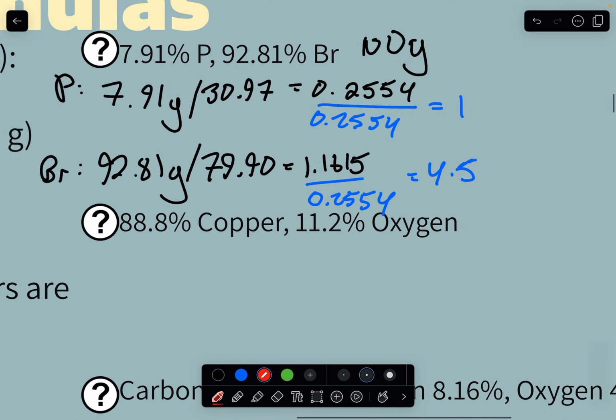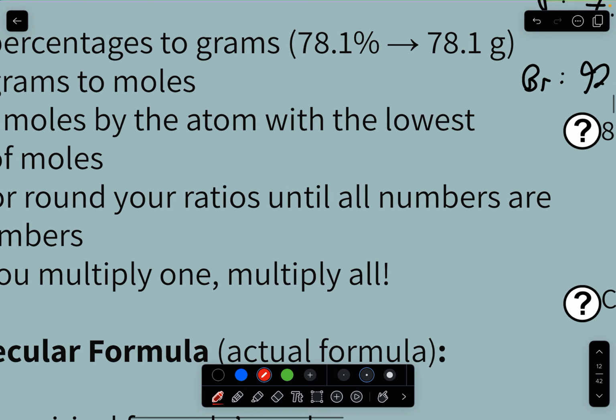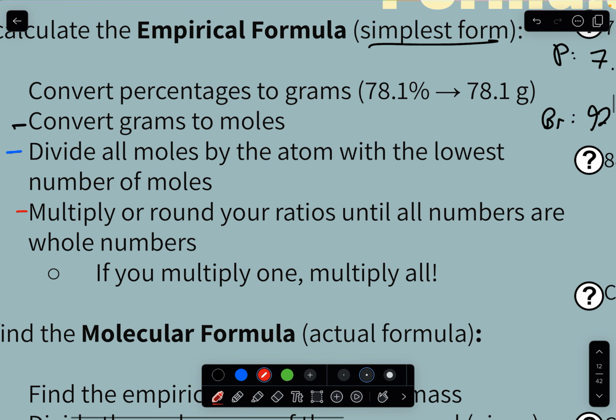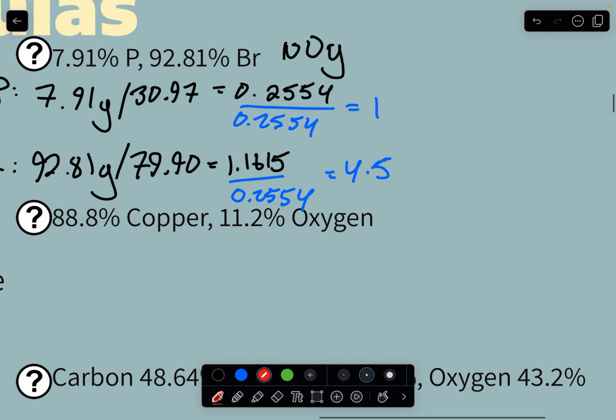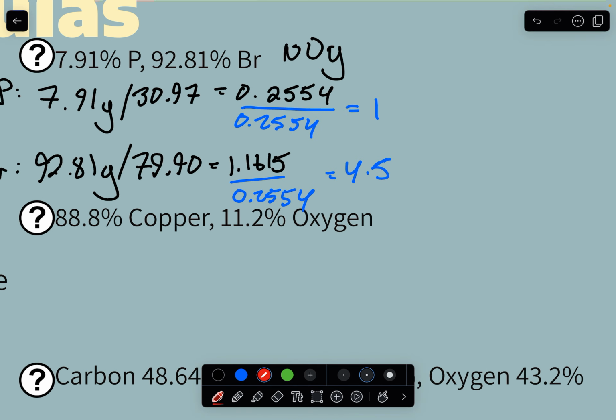Okay. And then for our last step, we have multiply or round your ratios until all numbers are whole numbers. So when talking about rounding, we don't want to get too crazy with it. If we're at like 4.9 or higher, or if we're at 4.1 or lower, you can round that. But this one's 4.5. We don't want to round this.